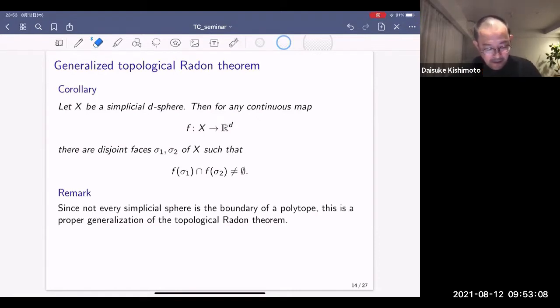It's this corollary. Let X be a simplicial D sphere. Then for any continuous map F from X into R^D, there are disjoint faces sigma 1 and sigma 2 of X such that their images by F intersect.